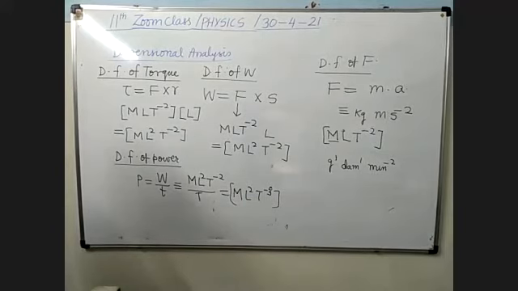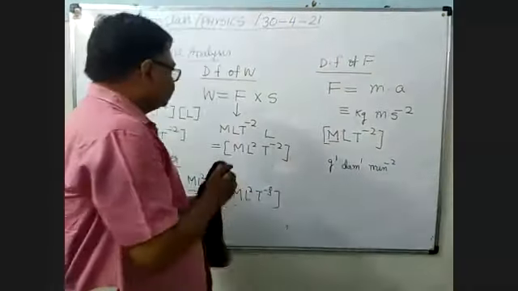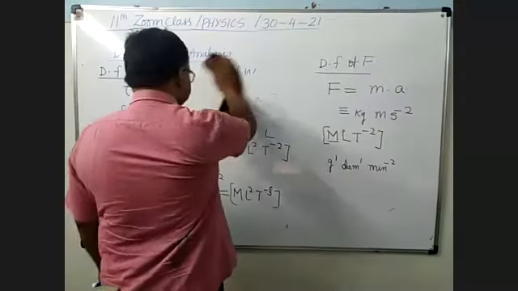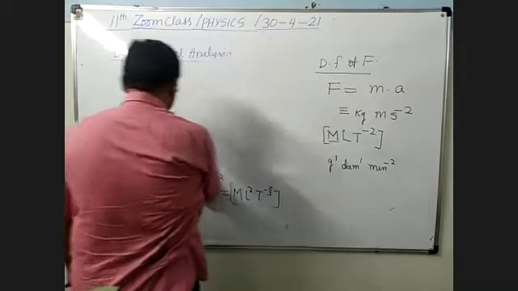T. व्हाट इज द डायमेंशनल फार्मूला ऑफ इलेक्ट्रिक करंट? Capital A. It's clear? What is the dimensional formula of temperature? It will be theta. It's clear? Now you can do some more quantities. So by this way you will determine the dimensional formula.